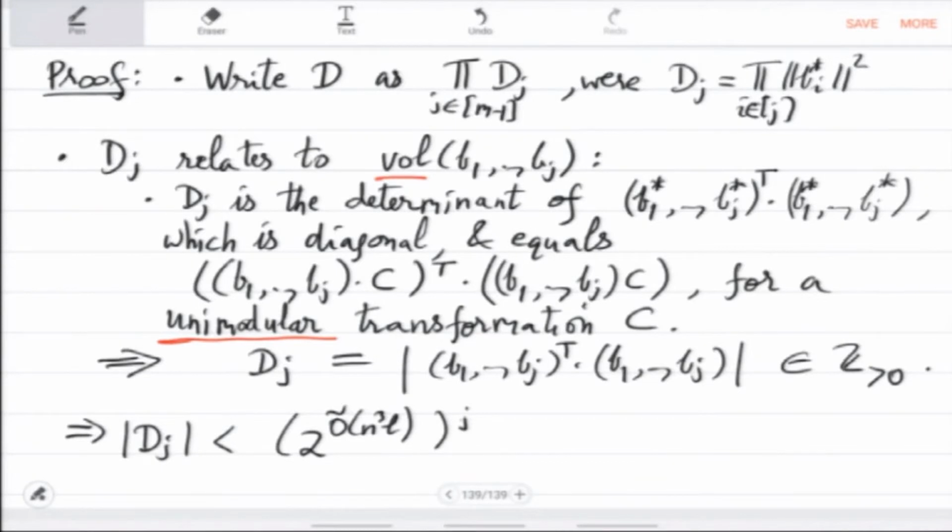So, this implies that d, the potential function, is less than 2 raised to O tilde NQ-Bell times, so you just multiply over j going from 1 to n, so it gives you another n square.